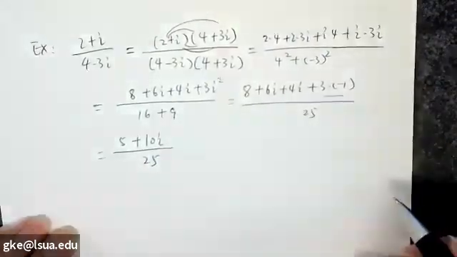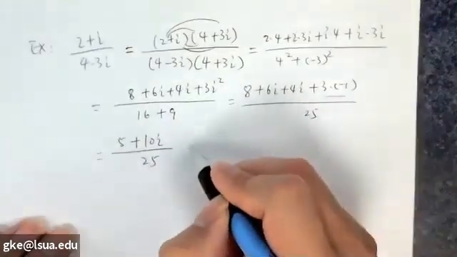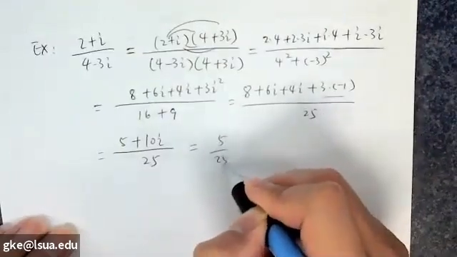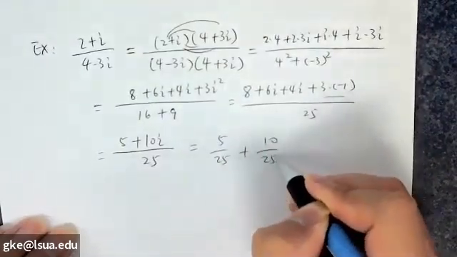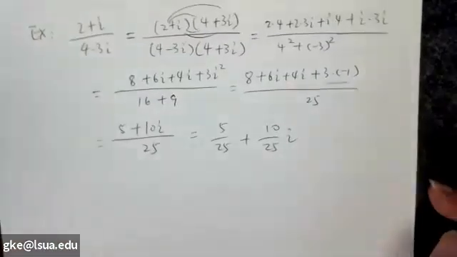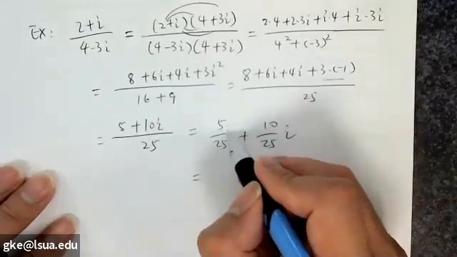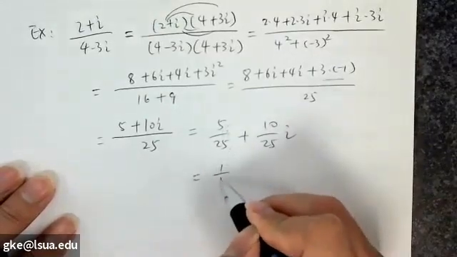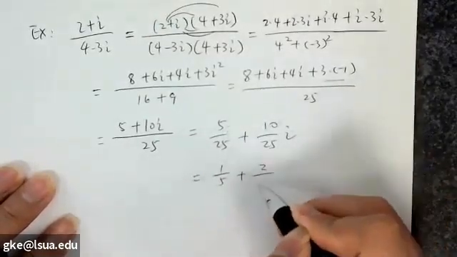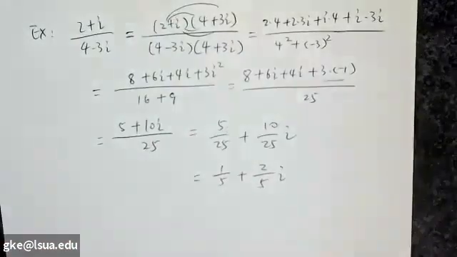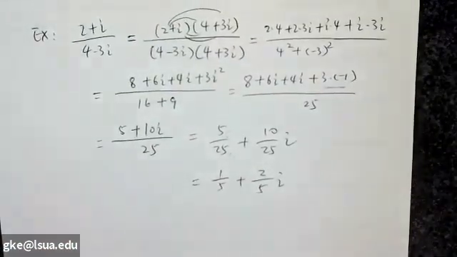Divided by 25. Spread it. So some of you can simplify this fraction, right? That's divided by 5, divided by 5. 10 divided by 5 is 2. That's it.